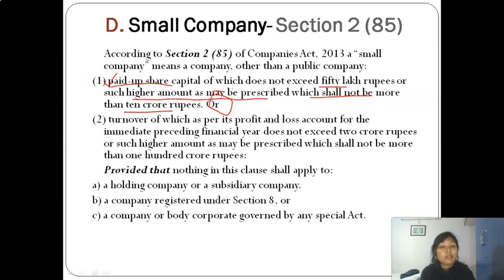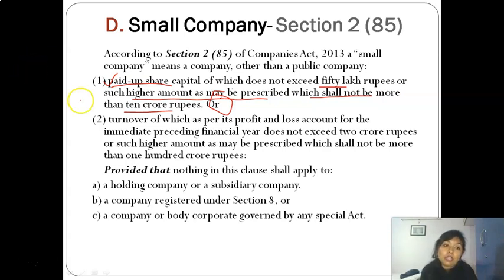Okay. But when you write this in an examination, you have to write it completely. That is, according to section 2 clause 85 of Companies Act 2013, a small company means a company other than a public company whose paid up share capital does not exceed 50 lakh rupees or such higher amount as may be prescribed, which shall not be more than 10 crore rupees.